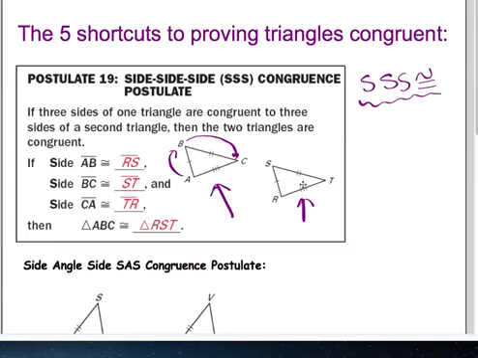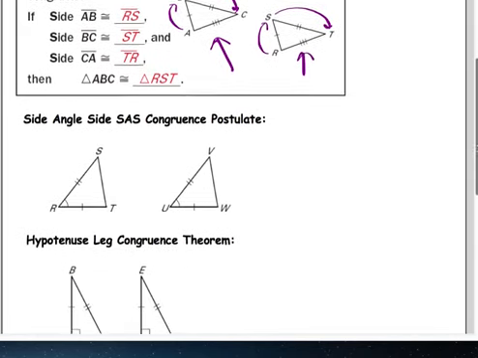So to name the second triangle, we're going to have to begin at R, go across the side with 1 marking, and then across the side with 2 markings. And so we'll name it RST. That's going to be another thing that we're going to have to be able to do. So that's side, side, side right there.